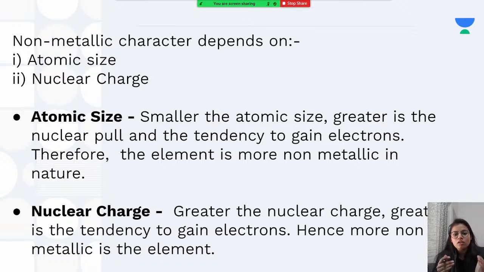So the smaller the size of any element, the nuclear pull will be greater, and the tendency to gain electrons will also increase accordingly, so the element will be more non-metallic. Next is the nuclear charge. The greater the nuclear charge, the greater is the tendency again to gain electrons, and hence the more non-metallic is the element.